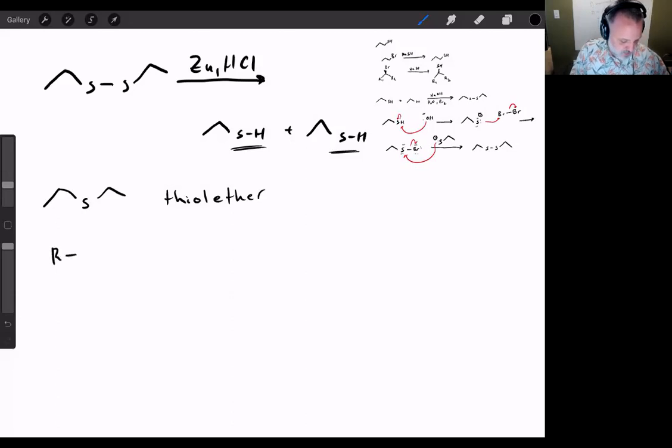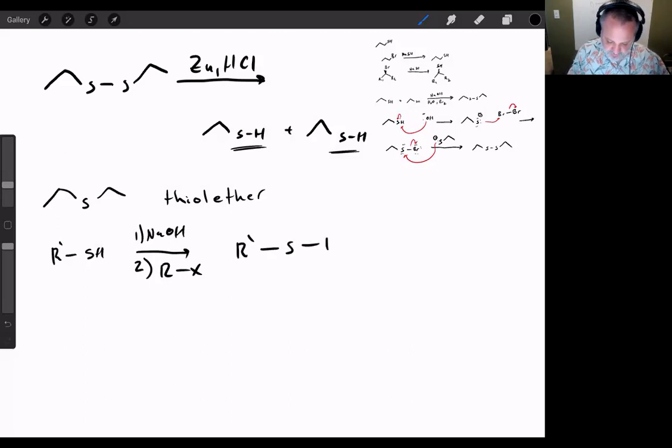I'll show you some of their reactions in a second, but in order to form them, we take a thiol, let's make it R prime. We react it with sodium hydroxide, and we already know what happens with the sodium hydroxide: it forms a negatively charged sulfur, and the negatively charged sulfur then acts as a nucleophile to form that bond.